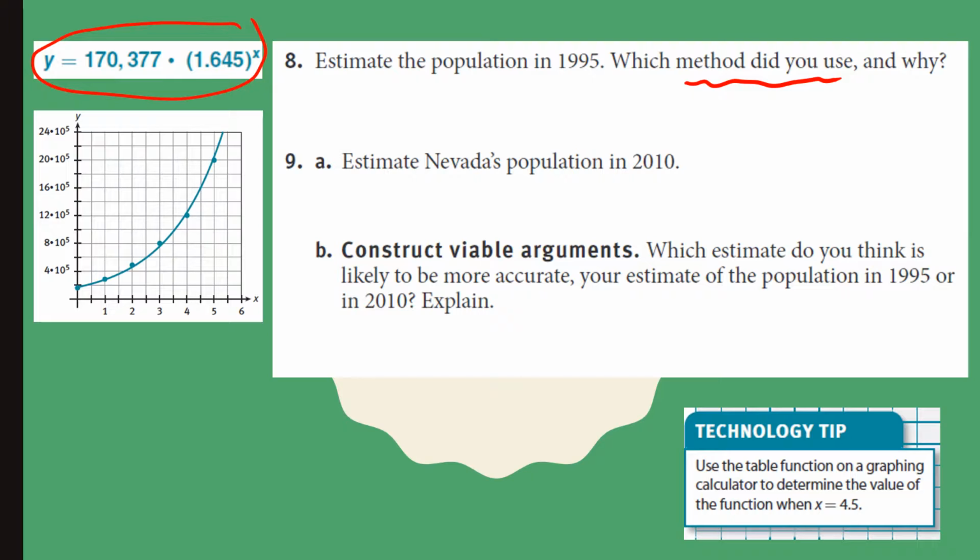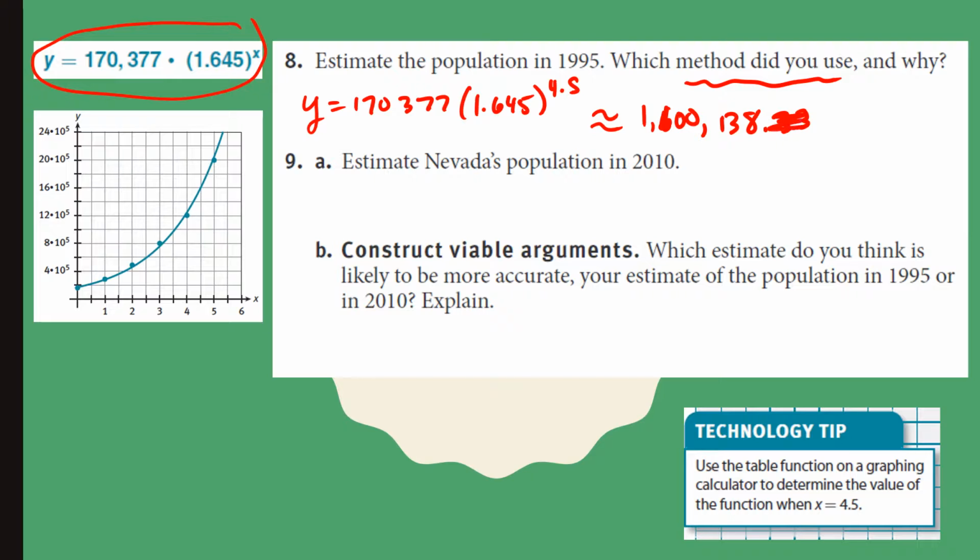So I'm going to plug it in and do 170,377 times 1.645 to the power of 4.5. Do it yourself and see what you get. Depending on how you round it and when, you should come up with something like 1,600,138.33. Well, we'll call that 138, right?